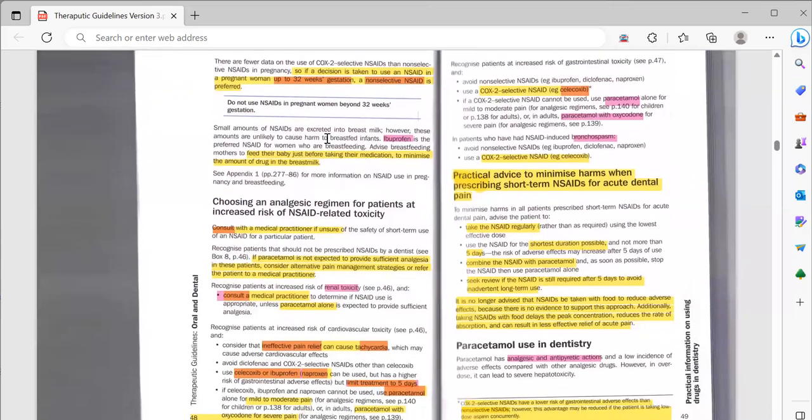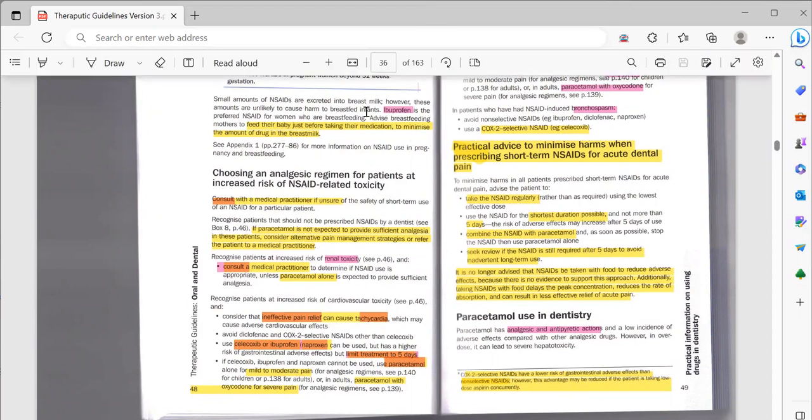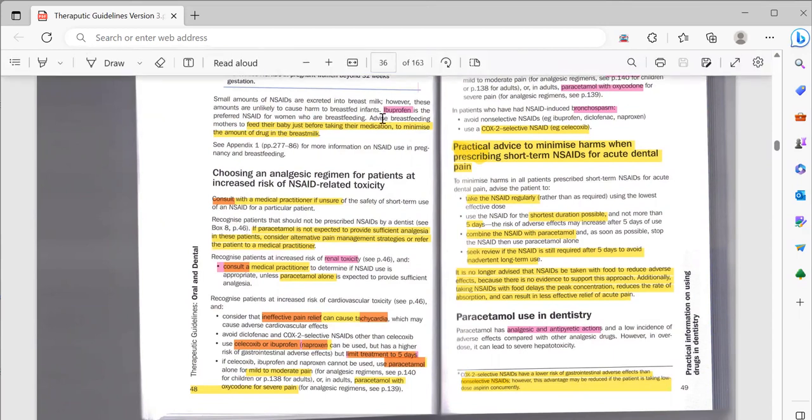Small amounts of NSAIDs are excreted into breast milk as well. However, these amounts are unlikely to cause harm in breastfed infants. If the woman is breastfeeding, there is a chance that some amount of this drug can go into the infant through the milk, but the harm would not be much.